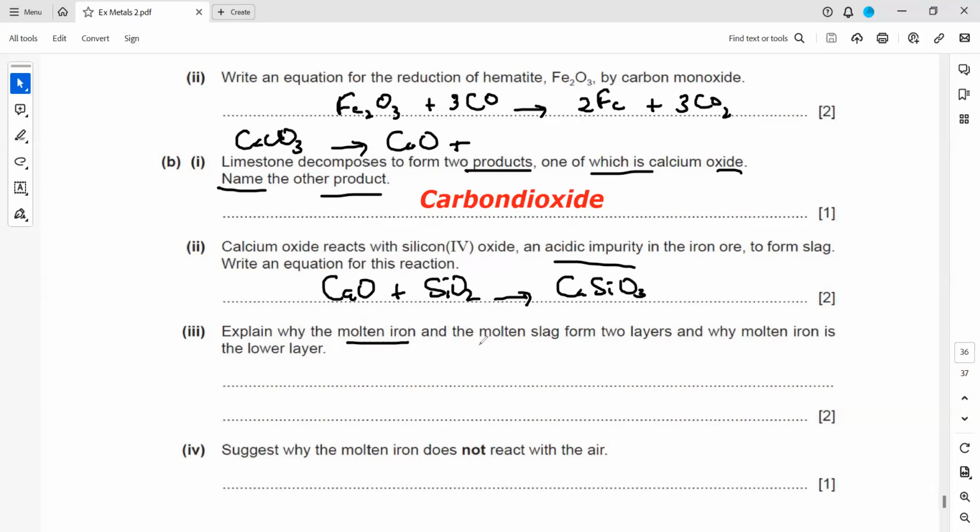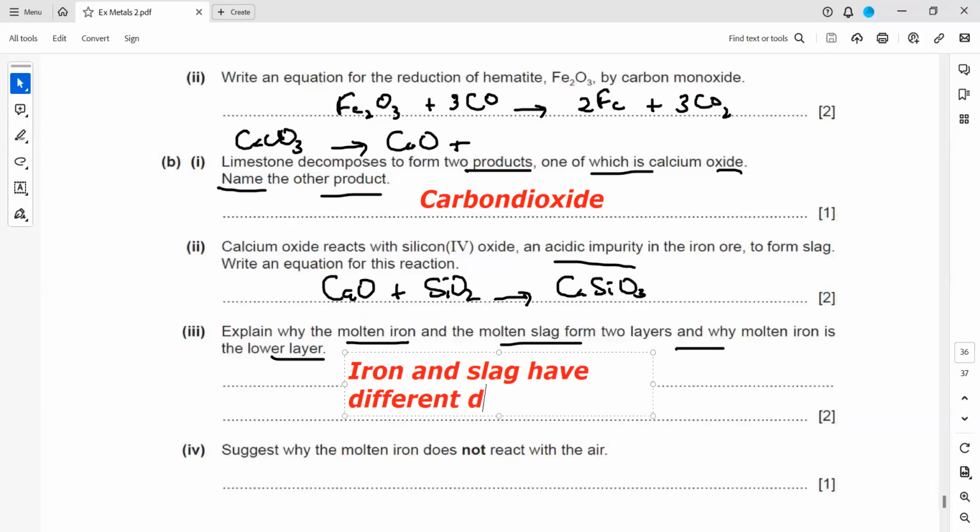Explain why the molten iron and the molten slag form two layers, and why the molten iron is in the lower layer. So why do they form two layers? Because the molten iron and slag have different densities. And why is the molten iron at the bottom? What does this give an idea about the density?